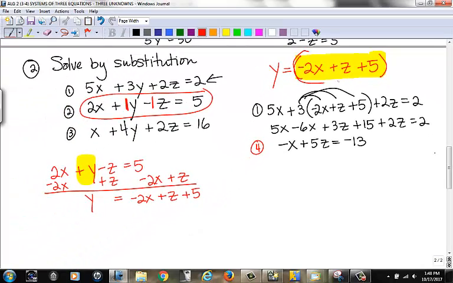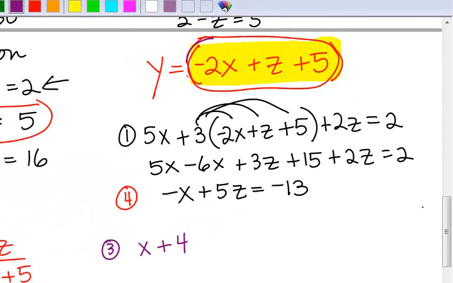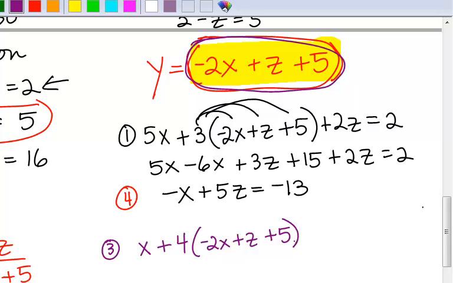Now I need to sub this into equation 3. Okay, so equation 3. I still have an x plus 4 times y, but I know that y is this. So I'm going to substitute it in. Negative 2x plus z plus 5 plus 2z equals 16. Okay, multiply this out.